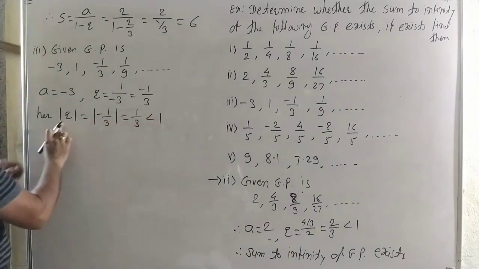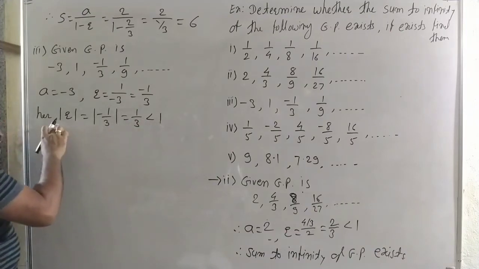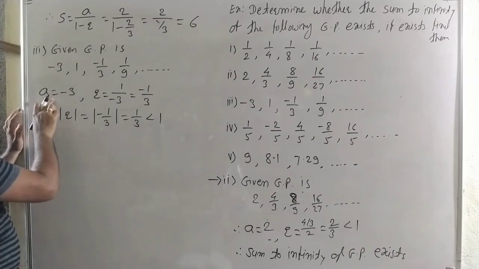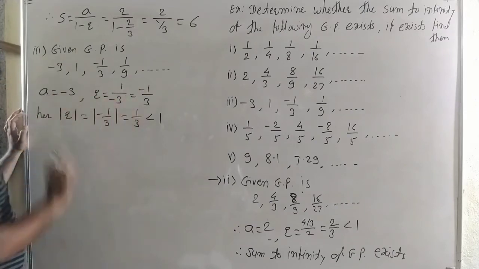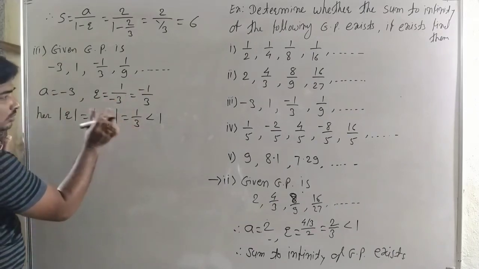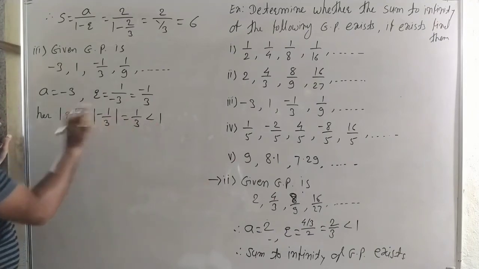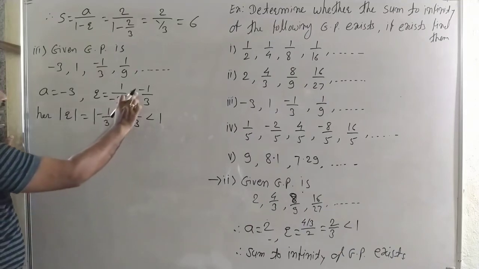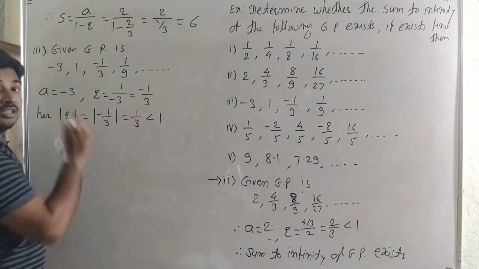Mod R is less than 1, that means the sum to infinity exists. Only the value 1/3 in modulus satisfies the condition of being less than 1.